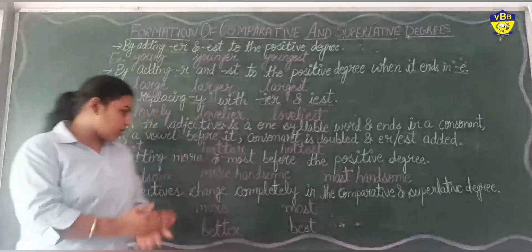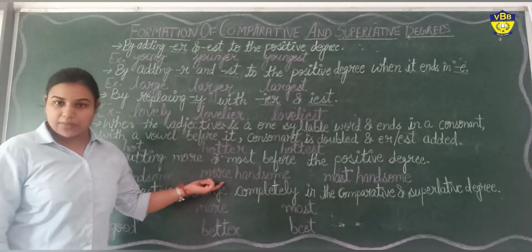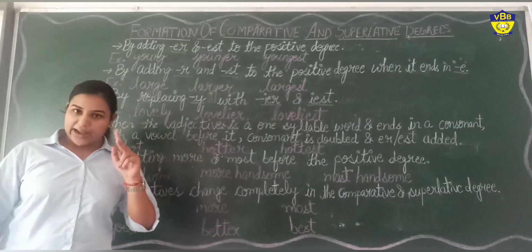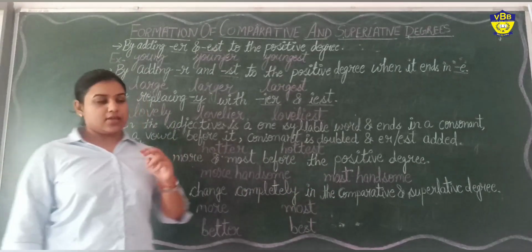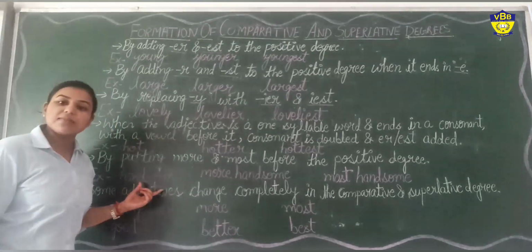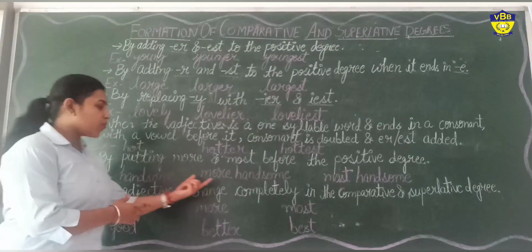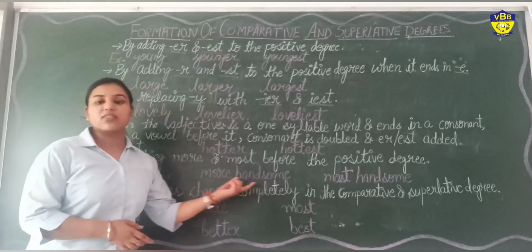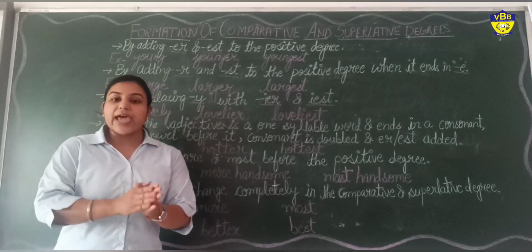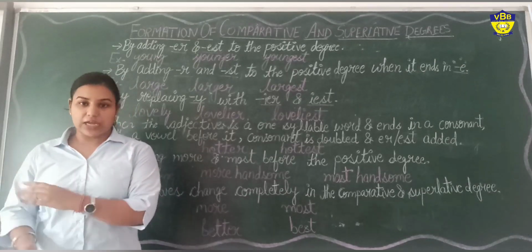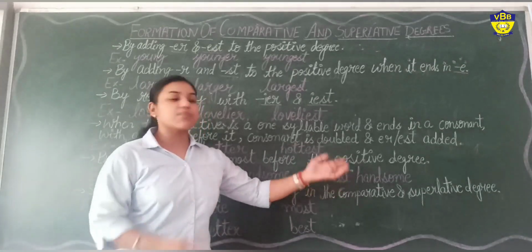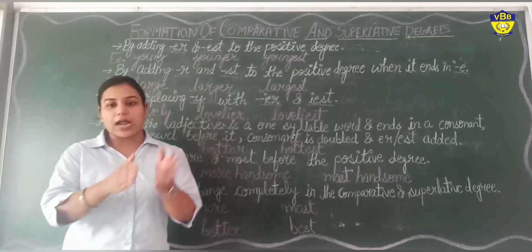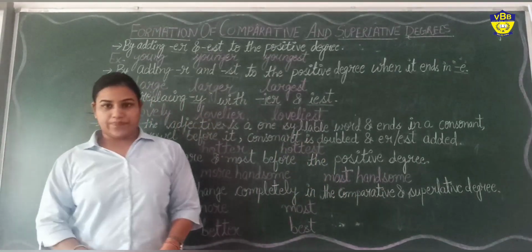We have to put more before handsome and most before handsome to form the comparative degree and superlative degree. So if we have handsome in positive degree, we have to put more before handsome. Then more handsome is categorized under comparative degree. And if we put most before handsome, then most handsome will be categorized under superlative degree.